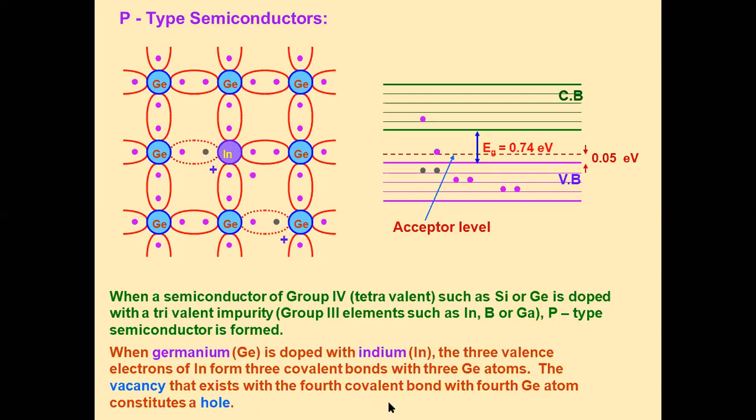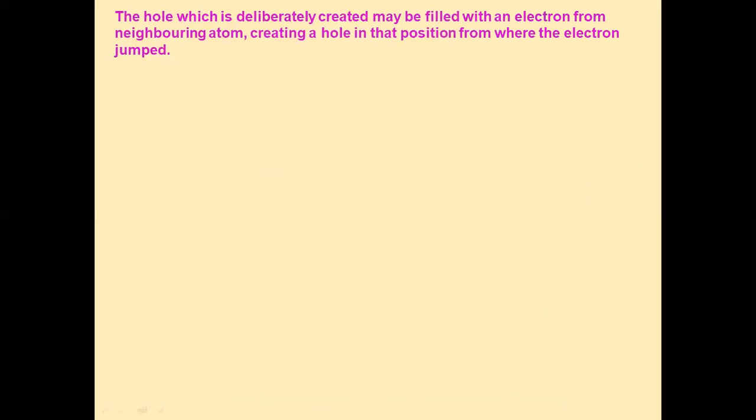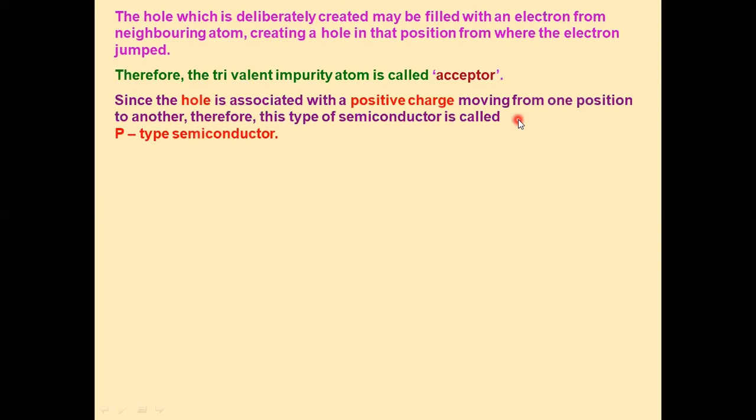Then one hole is created, which may be filled with an electron from a neighboring atom, creating a hole in the position from which the electron jumped. And due to this, the number of holes increases. So this trivalent impurity is called an acceptor.